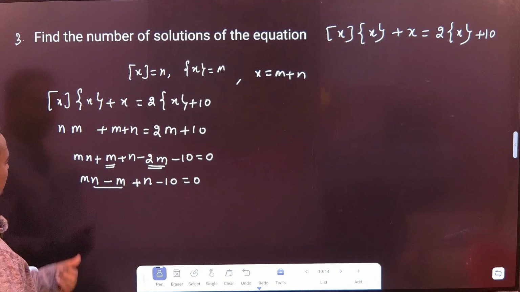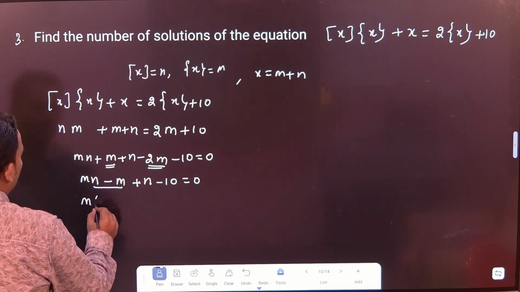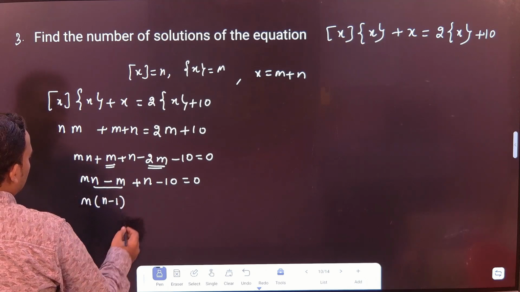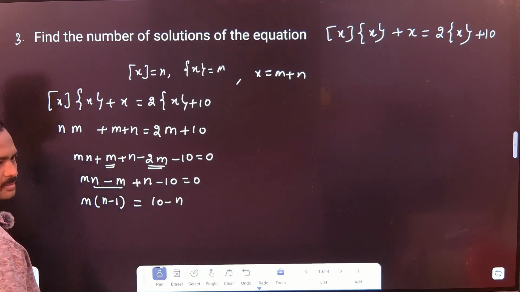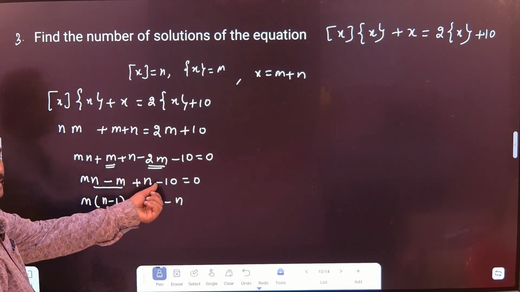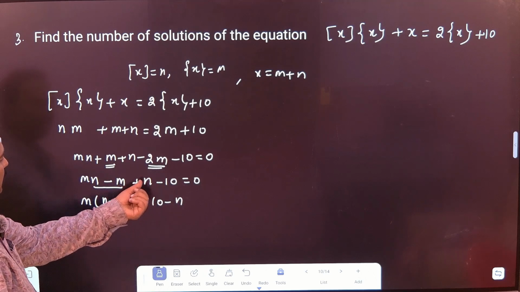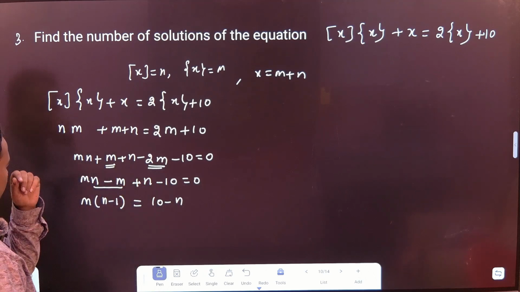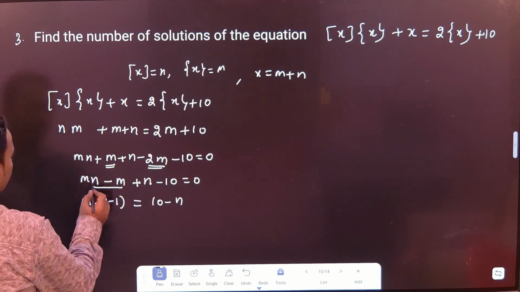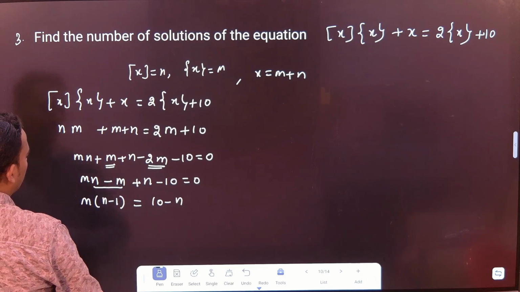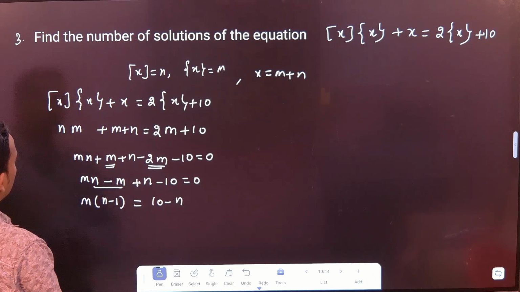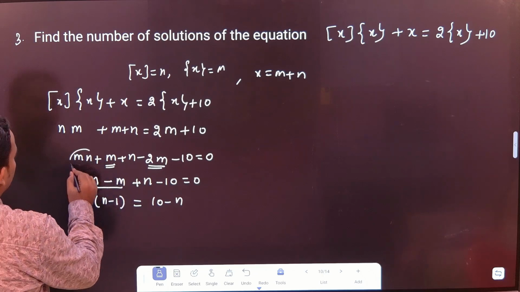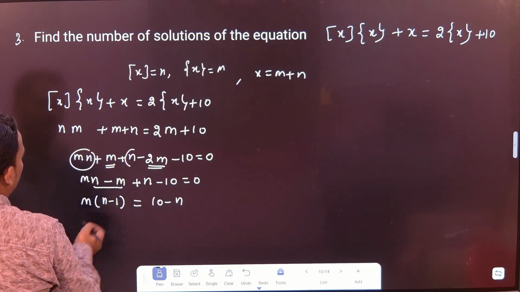So how to write this one? m you can take out. n minus 1, right? Is equal to 10 minus n. We can write. Clear? So minus 10 you send to the right side, plus 10, and plus n you send to the right side is minus n, right? Okay, here this term and this term you can see.